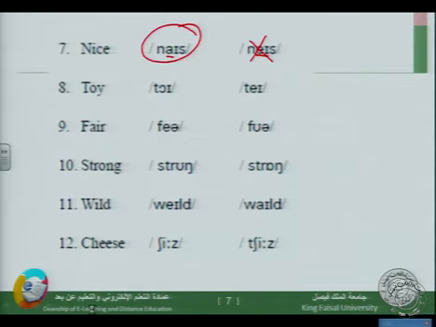Incorrect. Toy, oy, tay هذه خطأ. Fair, فوة, fair and فوة هذه خطأ، هذه الصح.